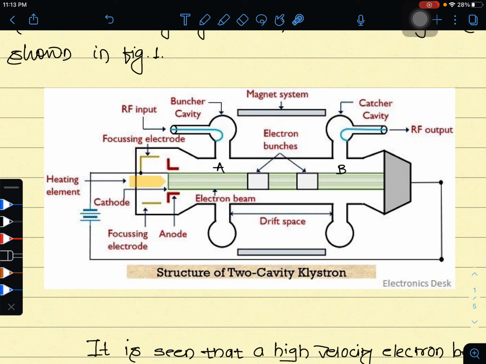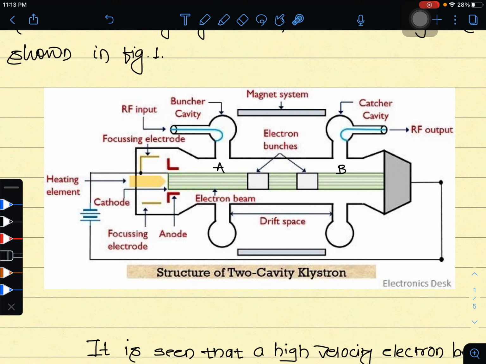The buncher cavity has a very small gap, shown by the symbol A. A similarly small gap occurs in the catcher cavity, shown by B, which is followed by a collector.